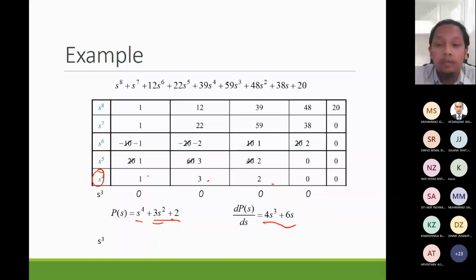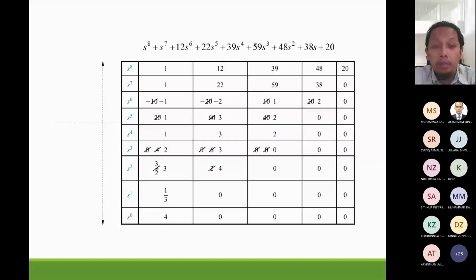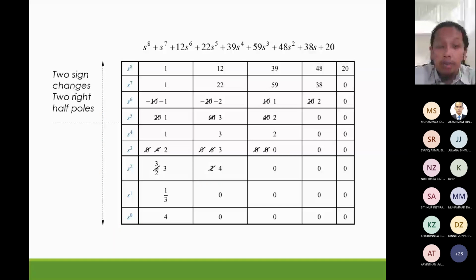Then we use this differentiated form and replace the original row S3. Then we calculate as usual. So here is the new row S3, 4, 6, and 0. And you can choose to simplify. So the example further simplifies the calculation. And obtain the remaining rows.